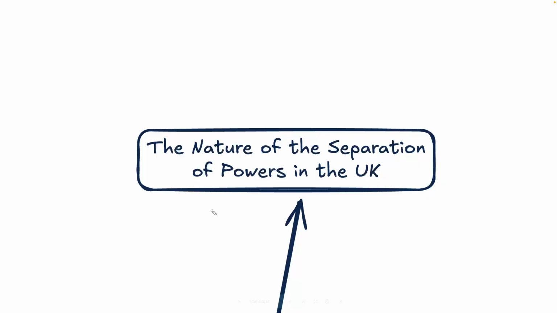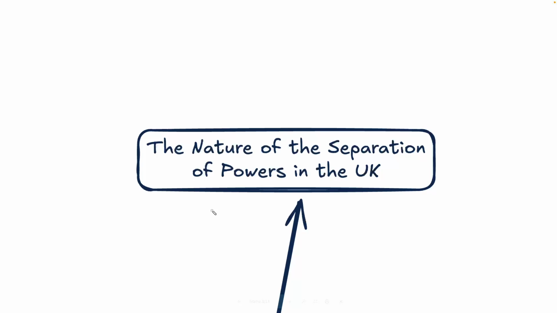If we were to compare ourselves to the United States, there is a codified constitution, and that codified constitution means that they clearly and very formalistically separate powers into three distinct branches of government. This is at the federal level because they also separate powers vertically between state and federal and local governments.